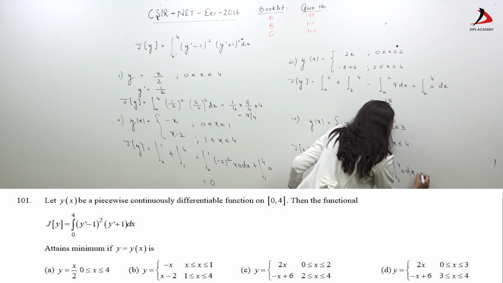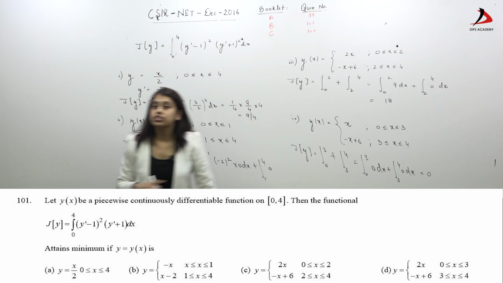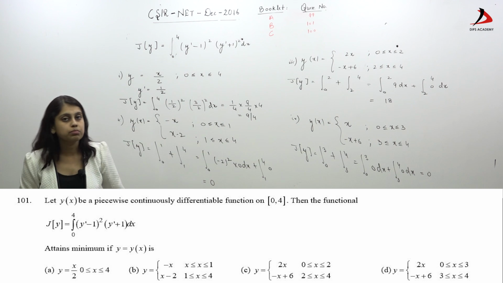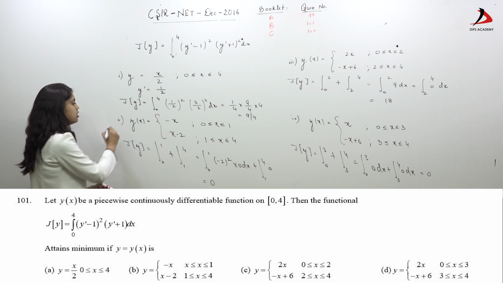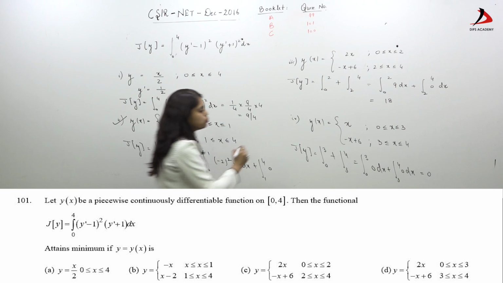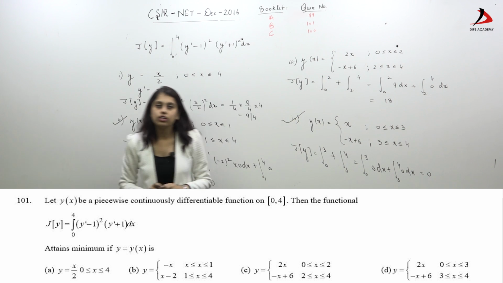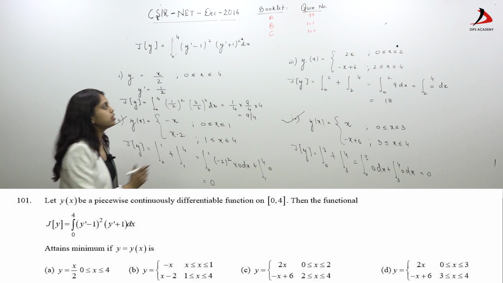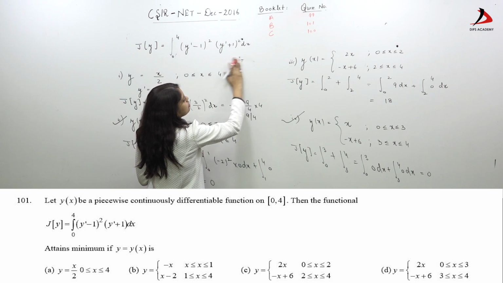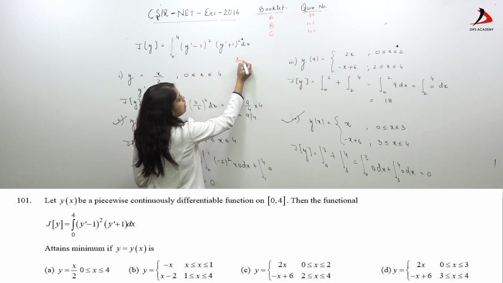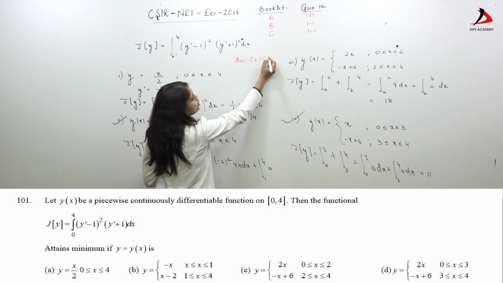So here also I am getting 0. In the question they have asked for the extremal which will give the minimum value of the functional, and as I can see, option 2 and option 4 are giving the minimum value. So for this question your answers are option 2 and option 4.